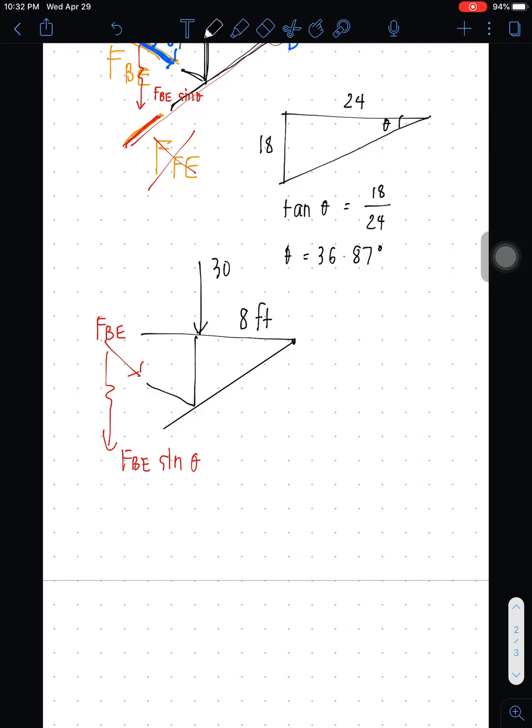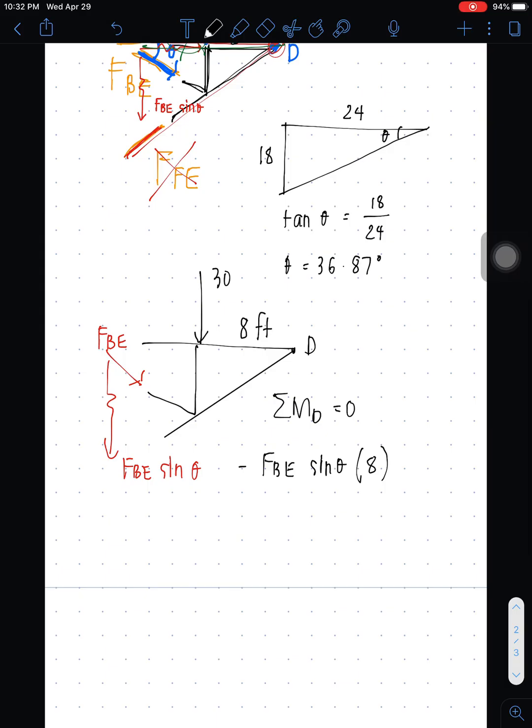So what do you think? Summation of moment at D equal to 0, you will have FBE sine of theta times 8, and it is counterclockwise, minus 30 times 8 equal to 0.